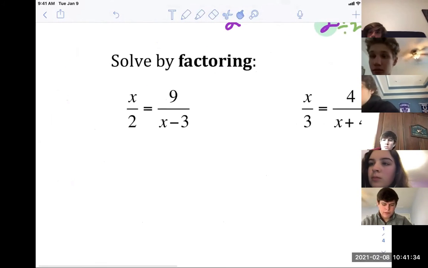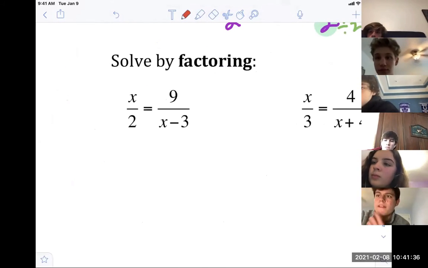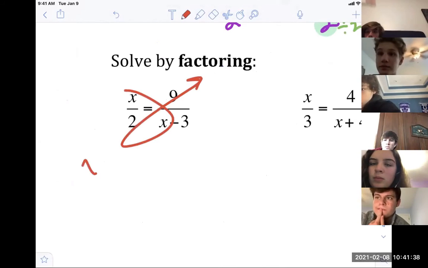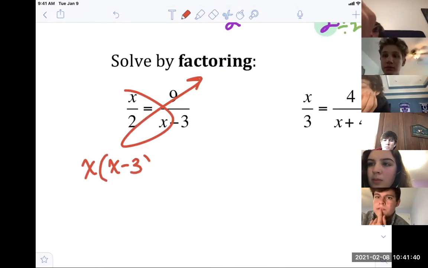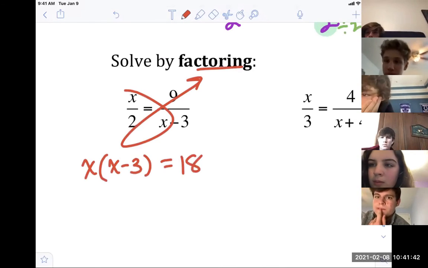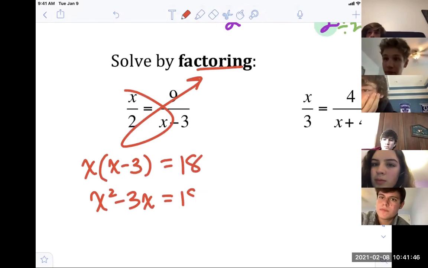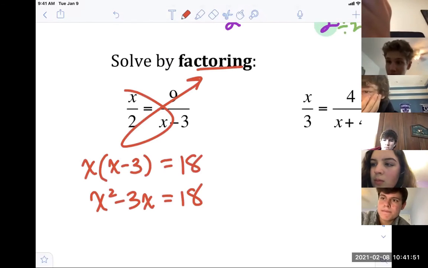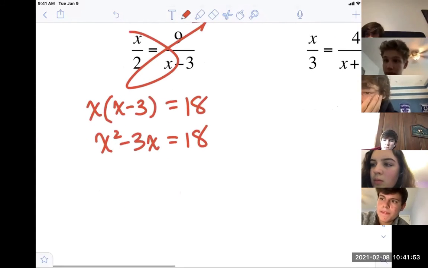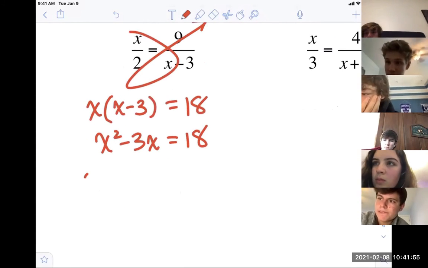Okay, and then we're going to do a quick solve by factoring here. So x times x minus 3 is equal to 18. And so x squared minus 3x equals 18. Sarah, what would you do next? You would subtract 18 from both sides.